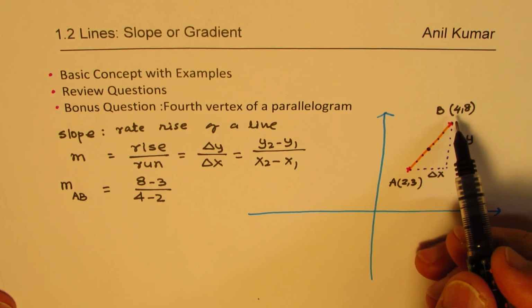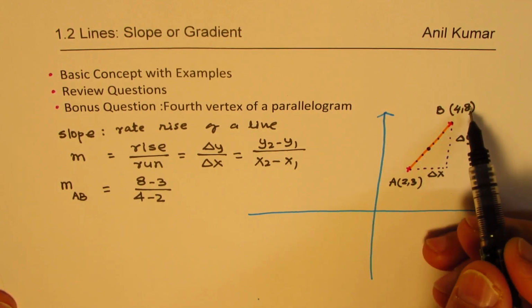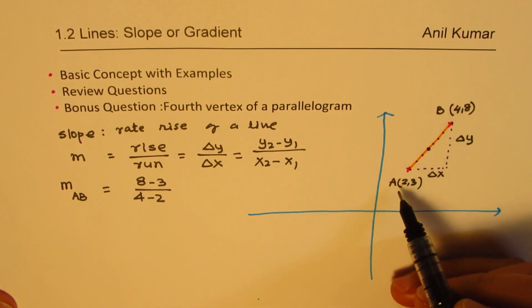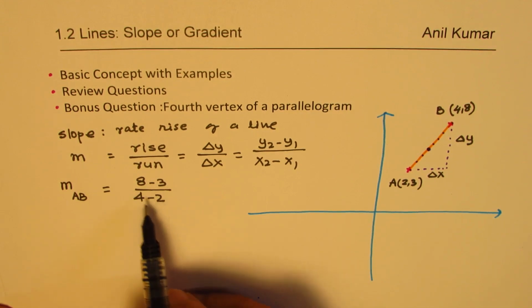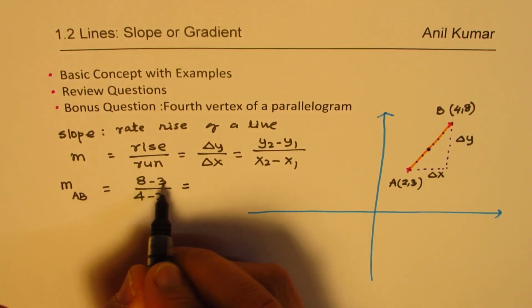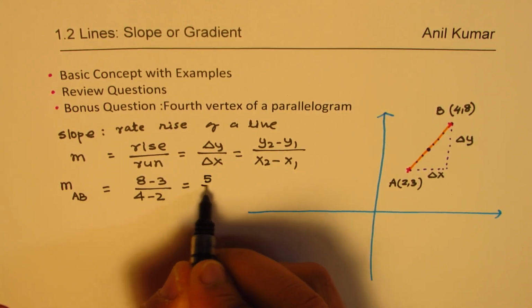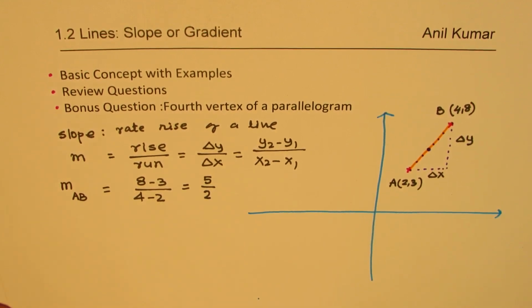If you take this as the second point, then take these values, take away those values; y values come on the top, and the differences in the x values is the denominator. So take a precaution, don't flip it, don't change the order of operation. Is that okay? So 8 minus 3 is 5 and 4 minus 2 is 2. So we get a slope of 5 over 2.